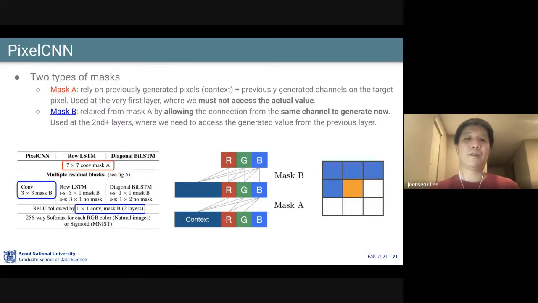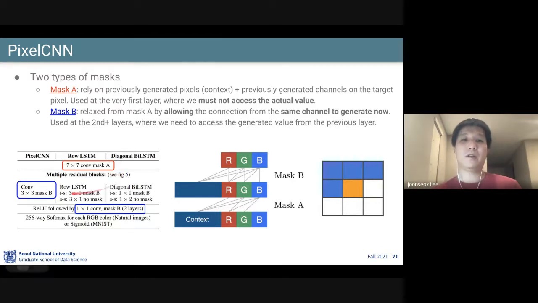But once the first layer is done, the second layer does not directly access the input image. It accesses only the previous layer, the first layer, which is our estimation. Right? Do you follow that part? Because this is a multi-layered model, at the very first layer, we directly consume the image, so we have to avoid looking at the right value for each pixel. But after the first layer, the second layer looks at only the first layer's values, which are our estimation.